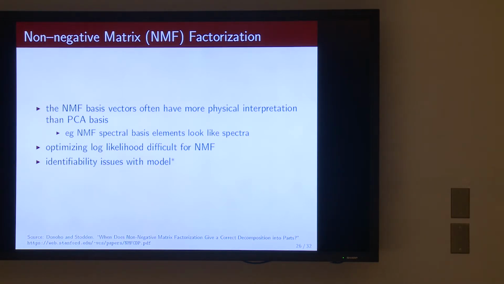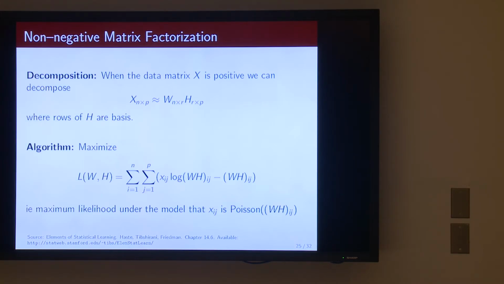The main benefit is that your basis vectors have more physical interpretation than if you do PCA. There are disadvantages. Optimizing the log likelihood is more difficult, and there are identifiability issues with this model, where even if the model is correct, multiple W and H can produce X.